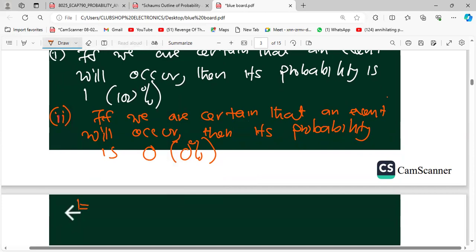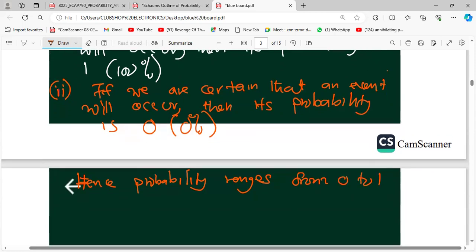Hence, we are saying probability ranges from 0 to 1.